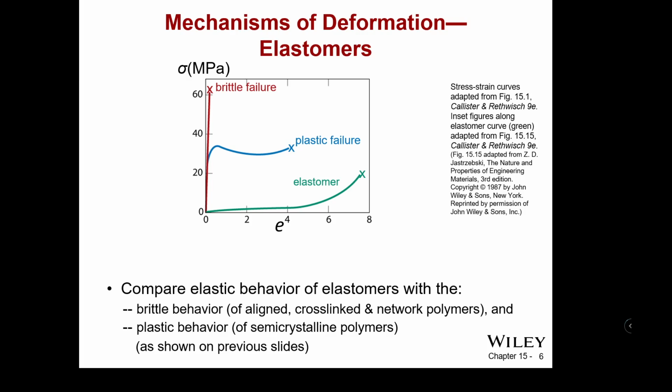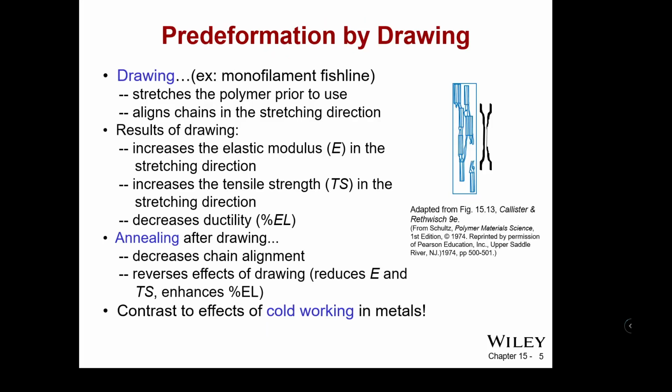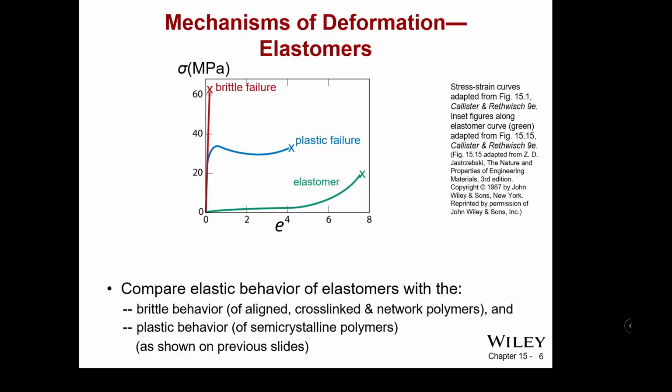And the mechanisms of deformation in elastomers are fairly straightforward, but they are three different behaviors. So the brittle is aligned, cross-linked, and network polymers. Plastic is typically semi-crystalline, as shown on the previous slides, because that's what this is doing.